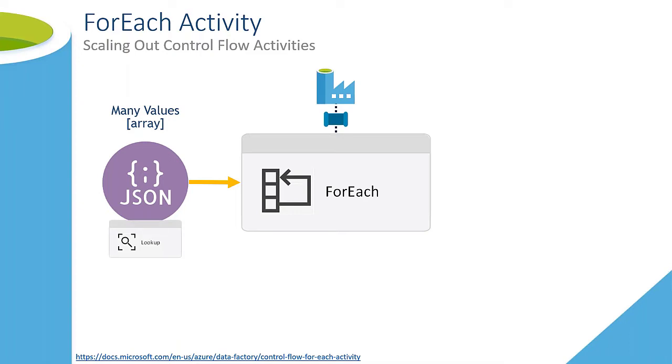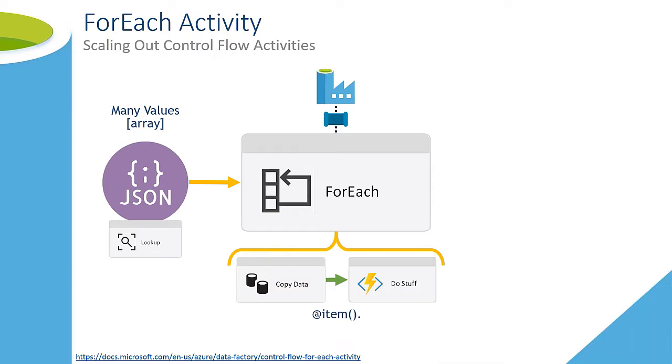Maybe we provide that array from our lookup activity. And then within our ForEach, we will define the activities for a single iteration. We can access the items from that array using the @item syntax to get to whatever's in that array.